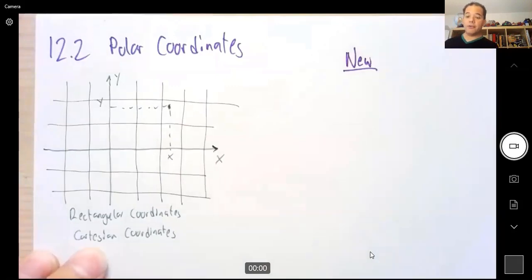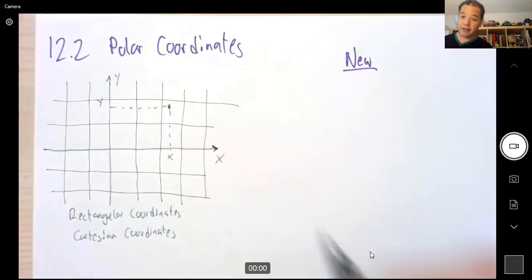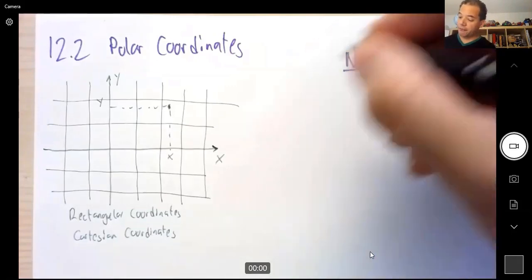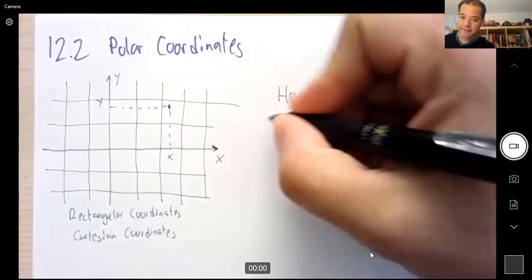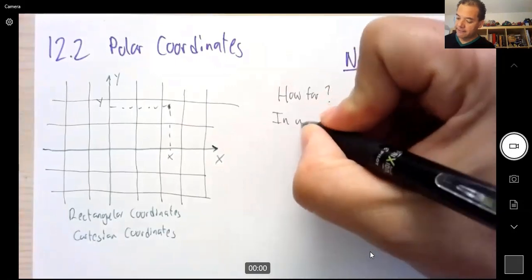And the way I would like you to think of it is as a radar or a sonar, right? If you've ever seen how those work, they sort of scan in a radial way, so they go all around, and they then identify where you hit an object, and you can tell how far they are. So the two questions that the new system asks about a particular location of a point is how far and in which direction.